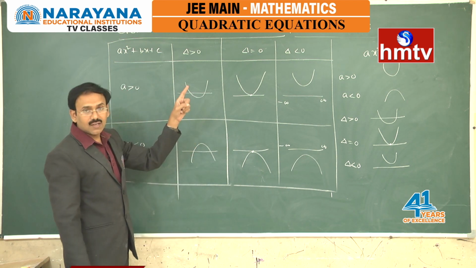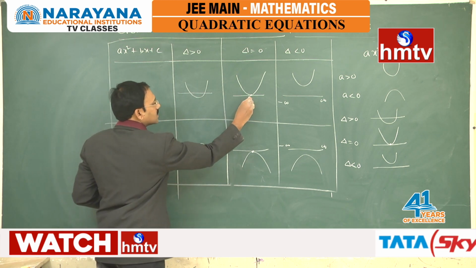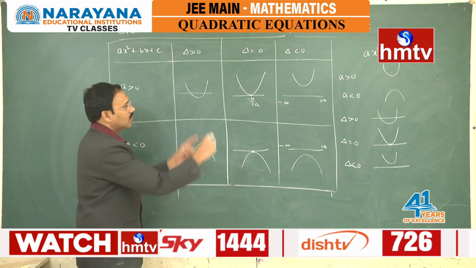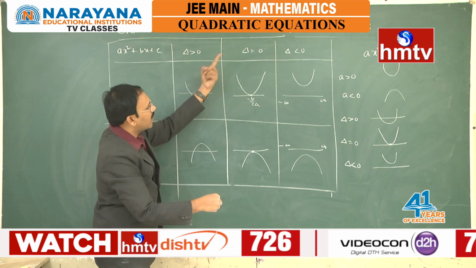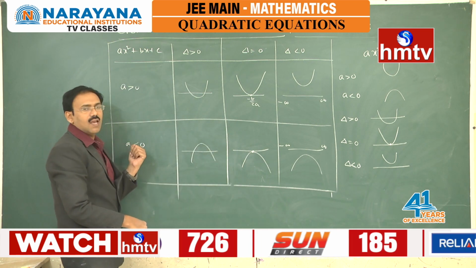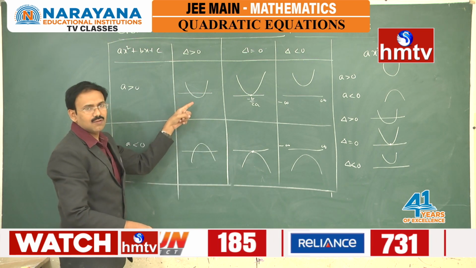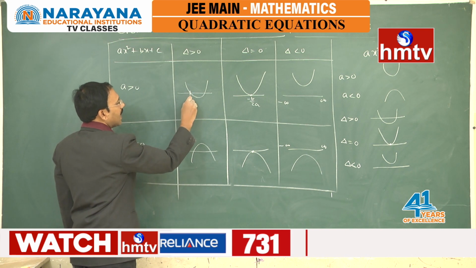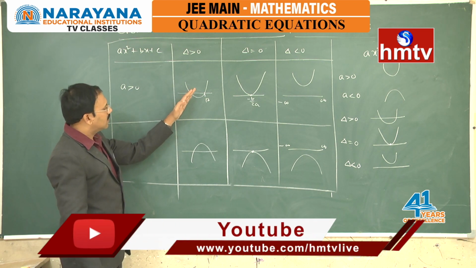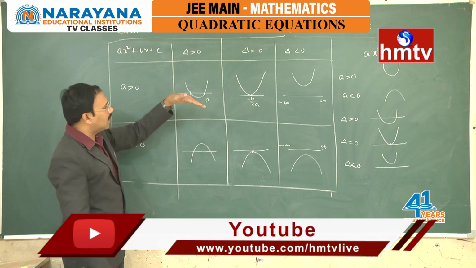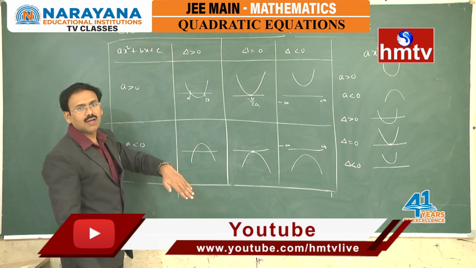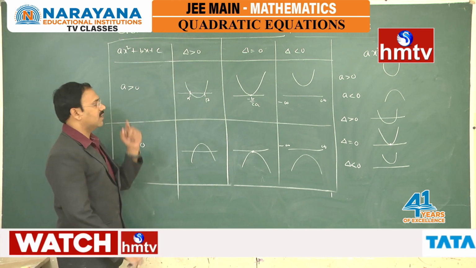Similarly here when delta is 0, at this number minus b by 2a, this expression's value becomes 0, at all the other values it is positive here because a is positive, it is negative here as a is negative. Whereas here you see, in this case if it has 2 roots alpha comma beta, for all the values of x less than alpha and greater than beta, positive, which is the sign of a, between alpha and beta, negative, which is the opposite sign of a.